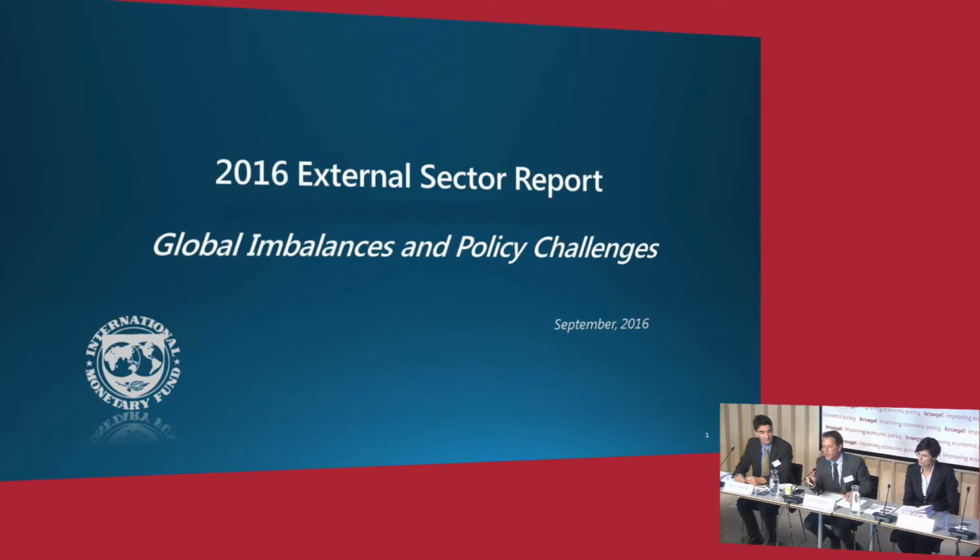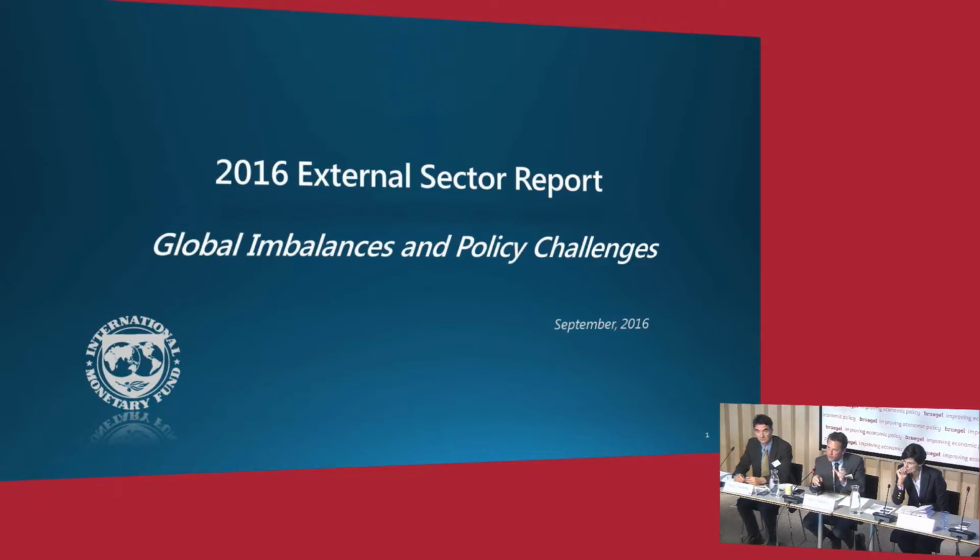What we saw is huge income losses in the cases of Saudi Arabia and Russia. 18% of GDP is the income loss for Saudi Arabia, and roughly 7% of GDP in the case of Russia for 2015 alone, and smaller amounts in the case of Brazil, Canada, Australia.